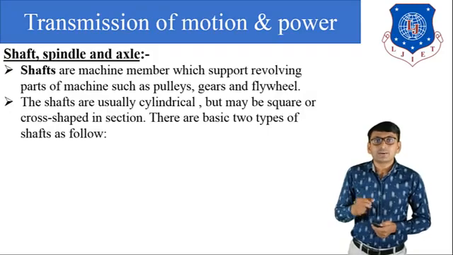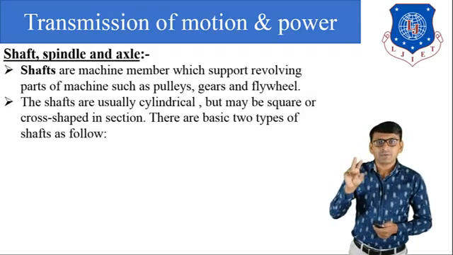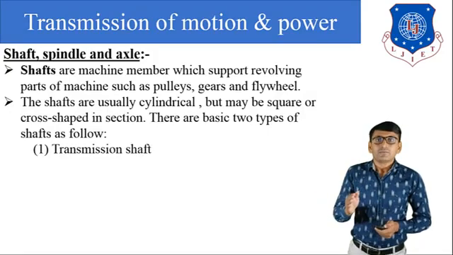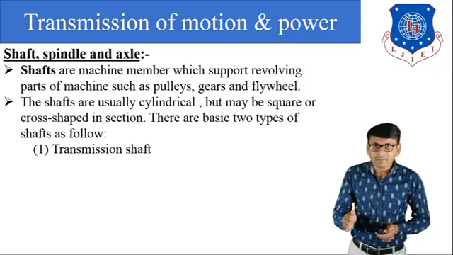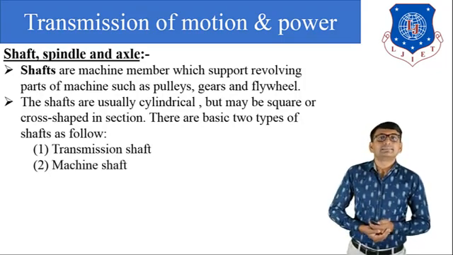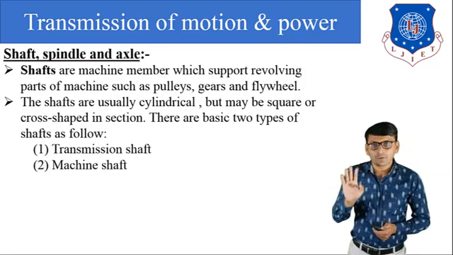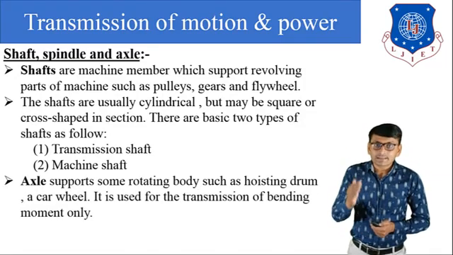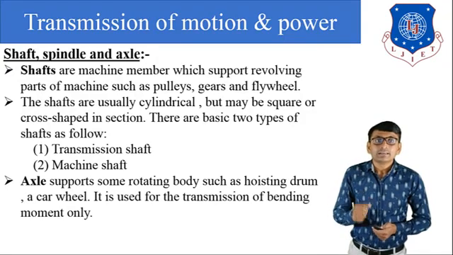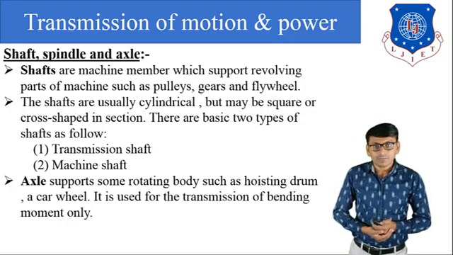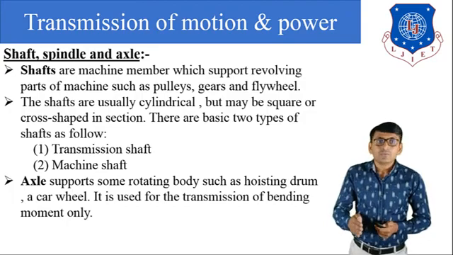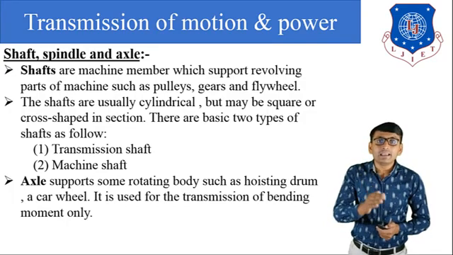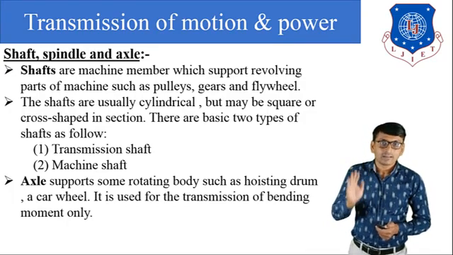There are basically two types of shaft which are generally used. First one, transmission shaft, and second one, machine shaft. Then axle. An axle supports some rotating body such as a hoisting drum, a car wheel, etc. It is used for the transmission of bending moment only.